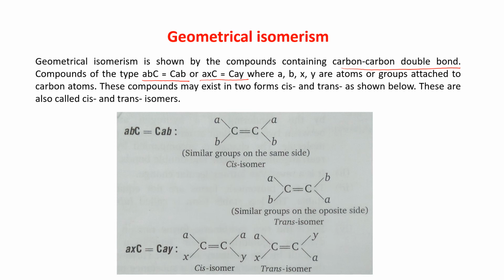These compounds may exist in two forms, that is cis and trans, as shown below. These are called cis and trans isomers.